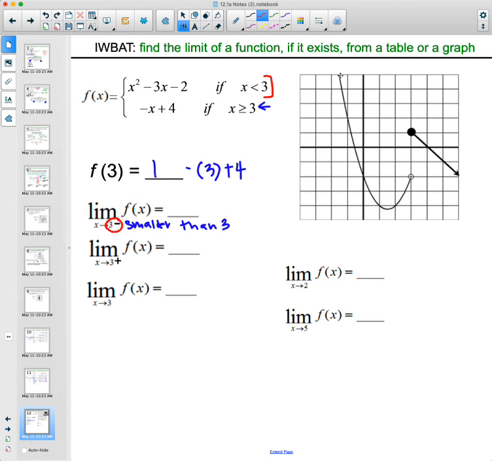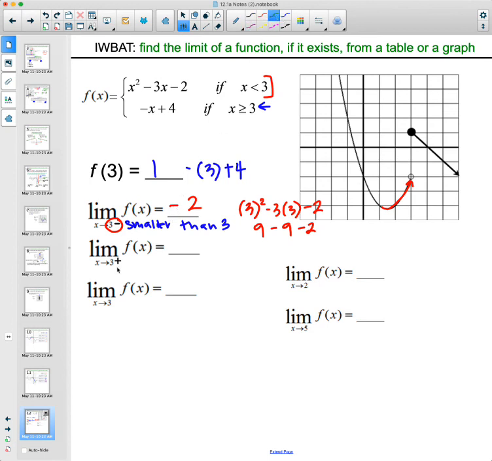This represents this left side of the graph. Okay, so this final value is going to be what the limit is when we get here. So we'll take the 3 and plug it into this one. So we'd have 3 squared minus 3 times 3 minus 2. So we'd have 9 minus 9 minus 2. So -2 would be the limit from that side.